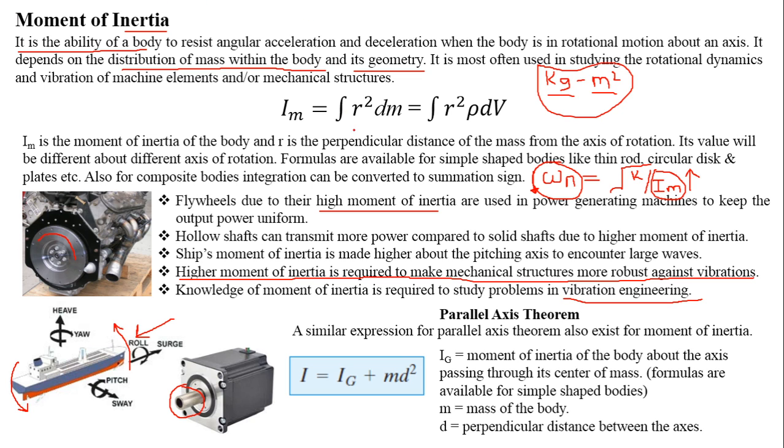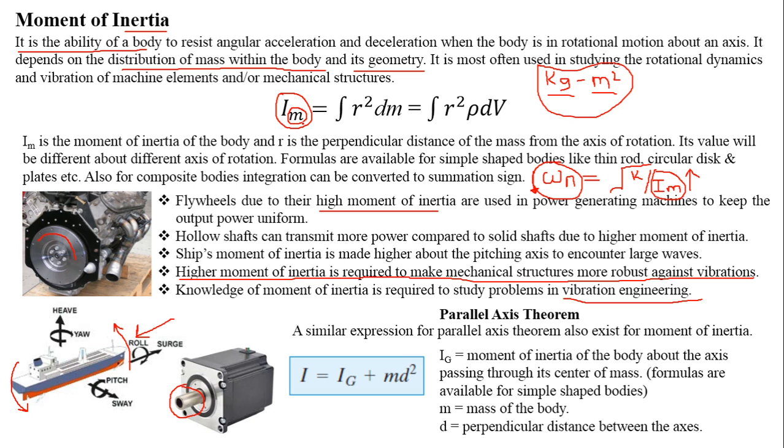So you can see the formulation of the moment of inertia. The very same symbol is used, but we use subscript m to emphasize the fact that this is moment of inertia, not second moment of area.